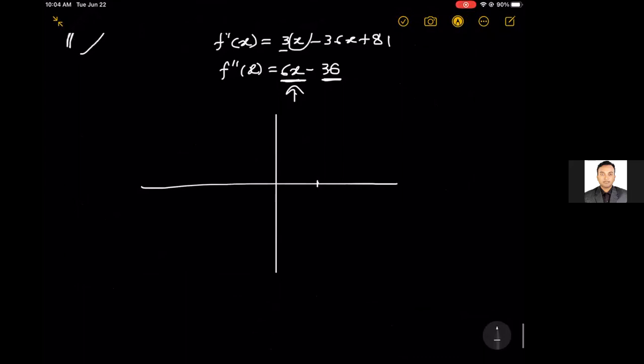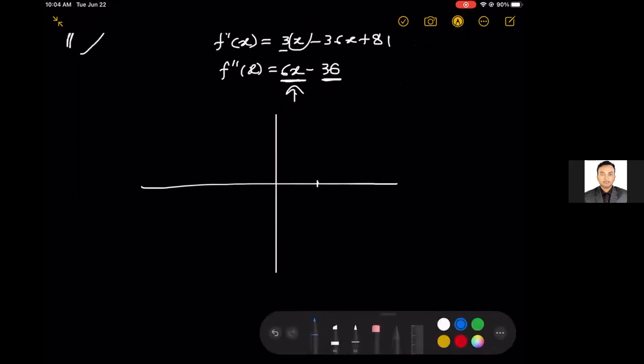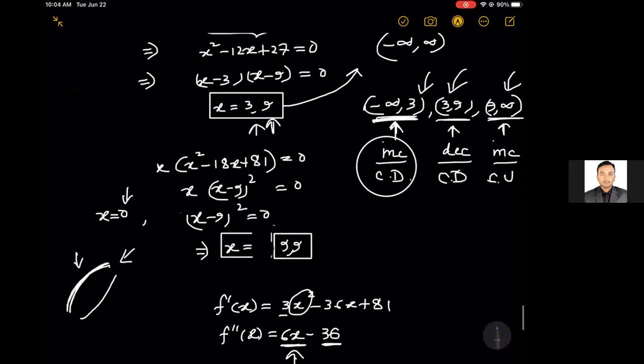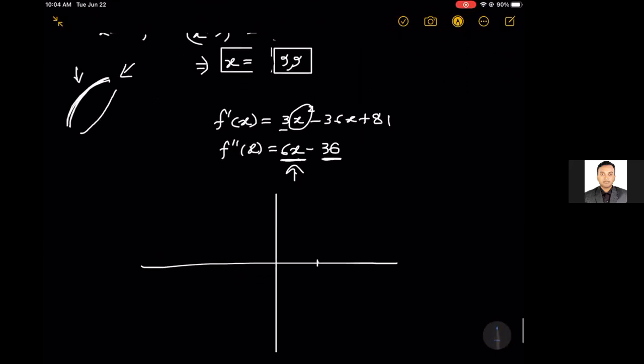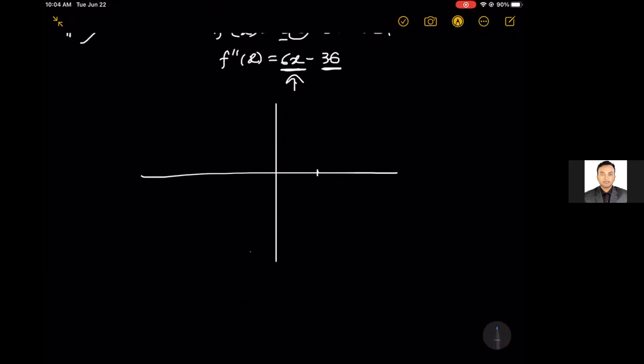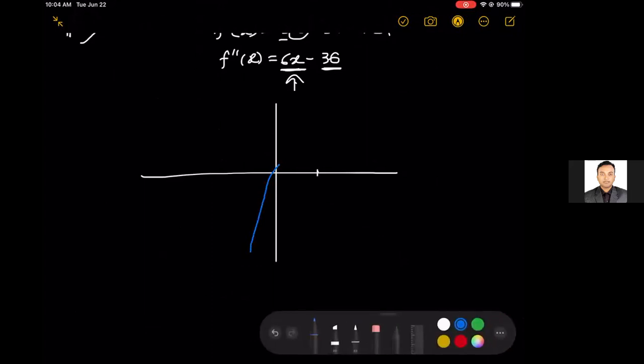Okay, so we know it's concave down, so it will go like this up to 3. Up to 3, yeah. So that's my 3. I know it's increasing and concave down. Oops, it didn't really touch the 0.